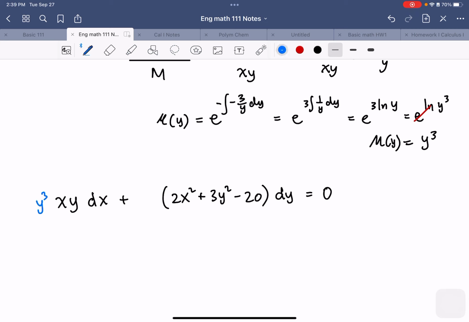So y cubed, y cubed. Okay, now we have xy to the power of 4 dx. And then let's just multiply y cubed inside. This will be 2x squared y cubed plus 3y^5 minus 20y cubed dy.